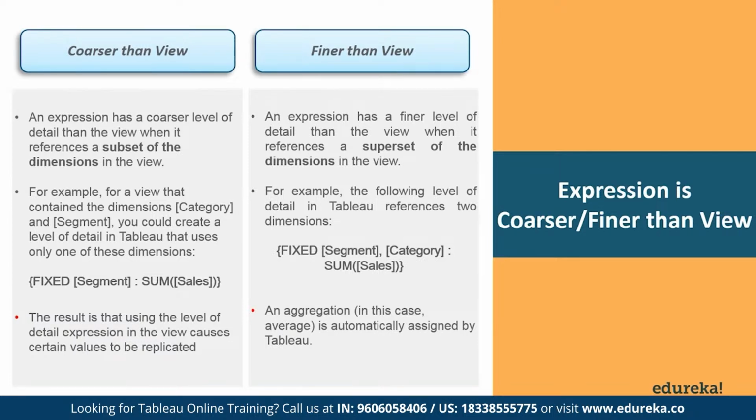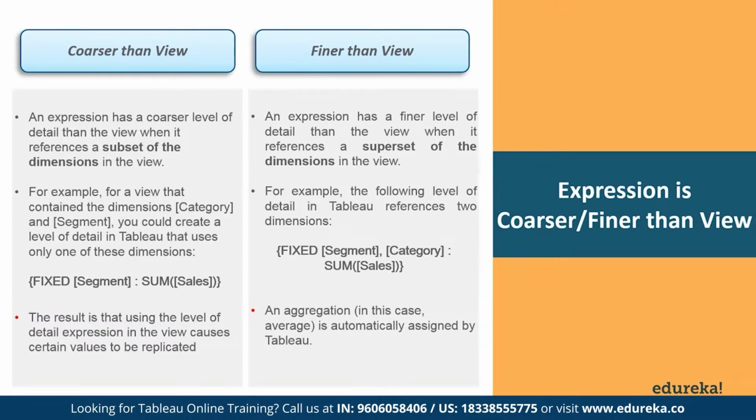So when I use this expression here, the expression has a coarser level of detail than the view. It bases its values on one dimension, that is segment, whereas the view is basing its values on two dimensions, segment and category. The result is that using the level of detail expression in the view causes certain values to be replicated.